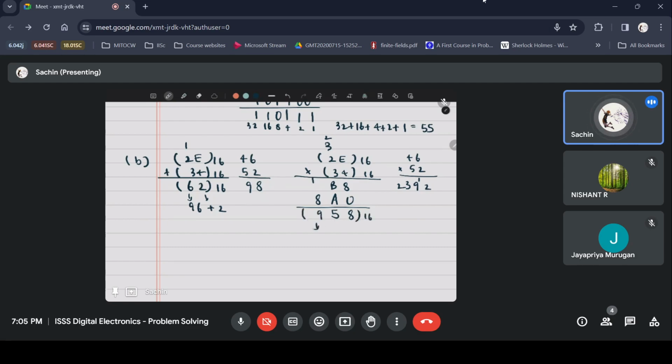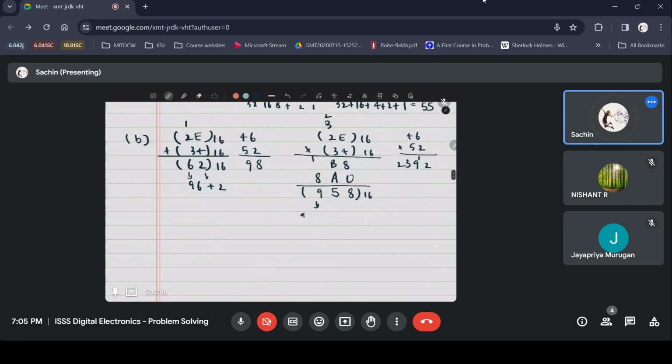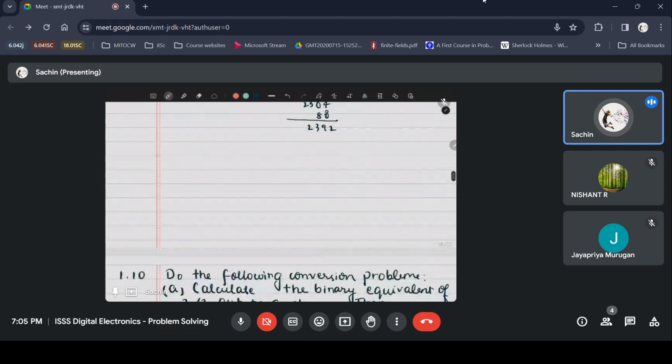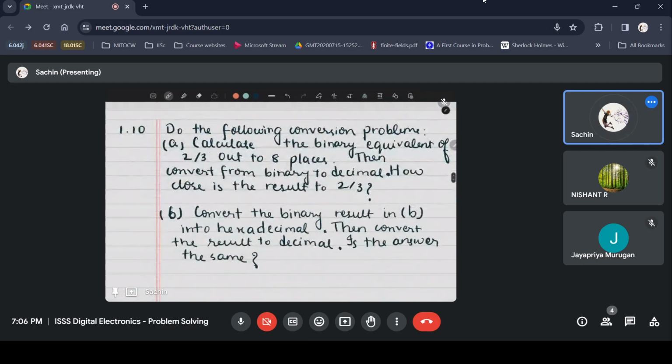You check it. 9 times 256 plus 5 times 16, 80, plus 8. So this will be 2304 plus 88, which will be 2392. Okay, that's just more drill.